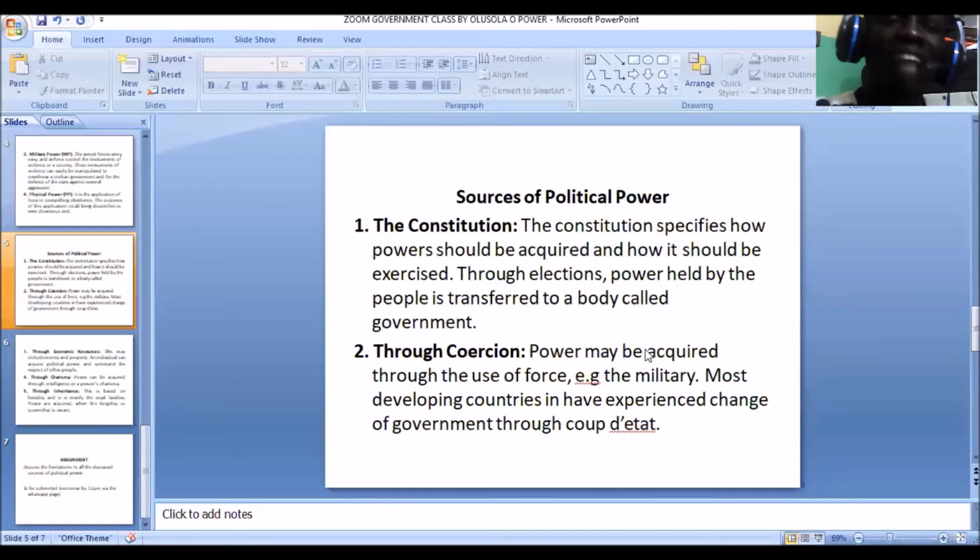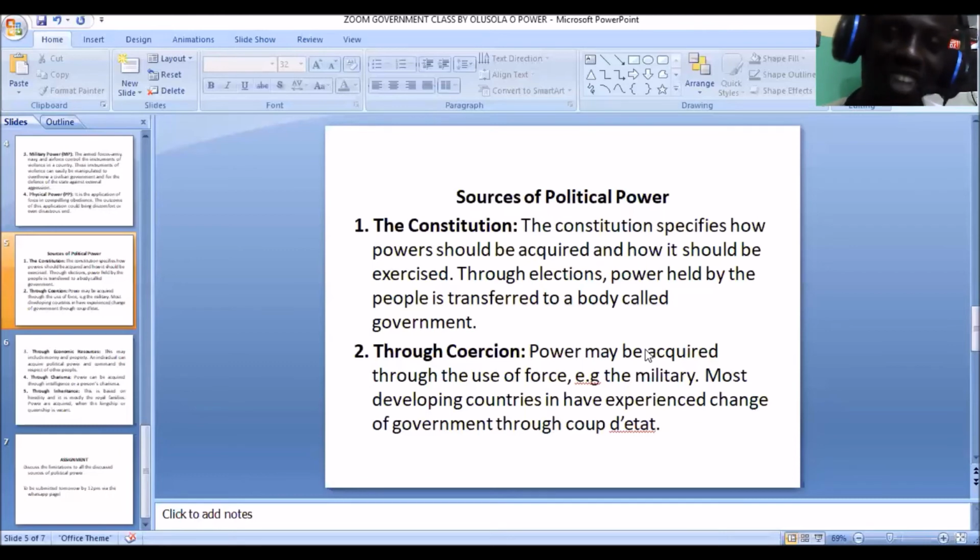So that is coercion, forcing. You force yourself into the position of power. That's why coercive power may be acquired through the use of force, for example by the military, because they have guns. And Abacha was a soldier. So he pointed a gun at Shonekan and said, "Is it your life or Aso Rock?"